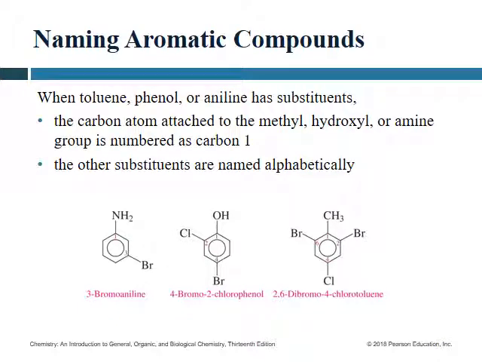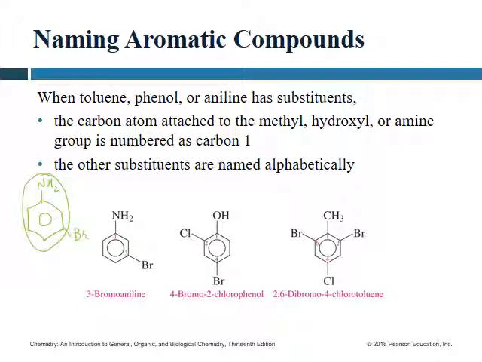Those are examples. So for instance, if we are naming this particular compound, what is given to us? We have a benzene ring which has this amine group and it has a bromine right here. So how would we name this compound? We know this group is called aniline.